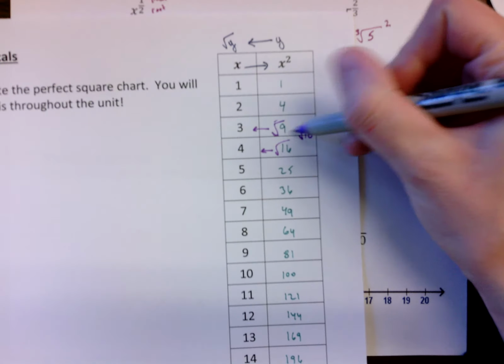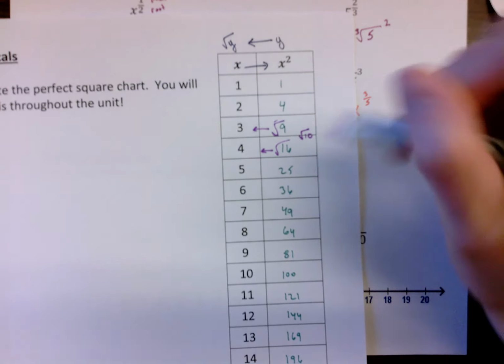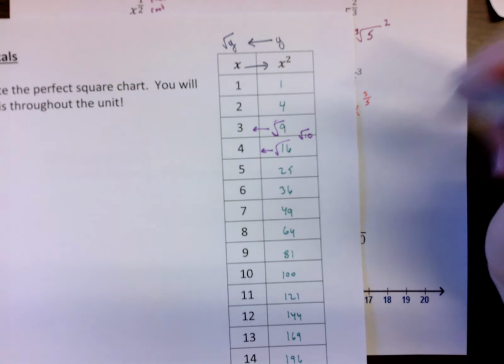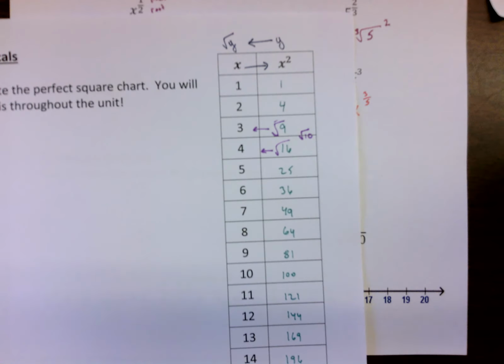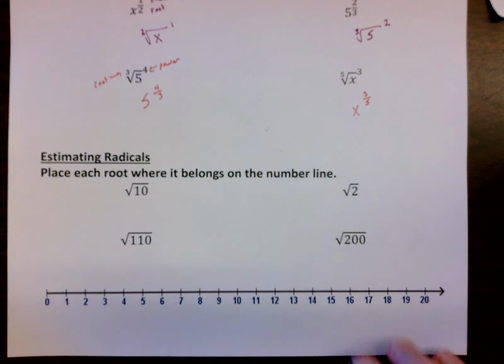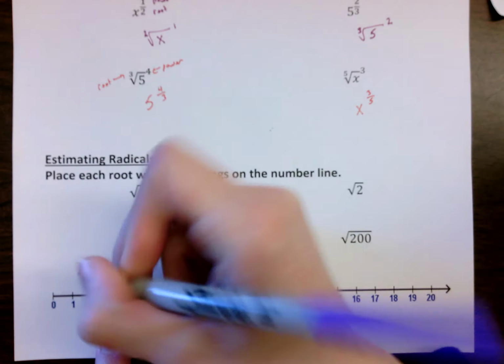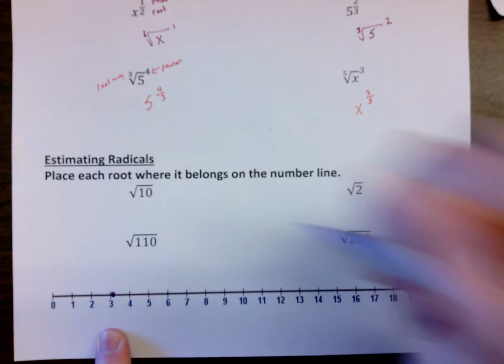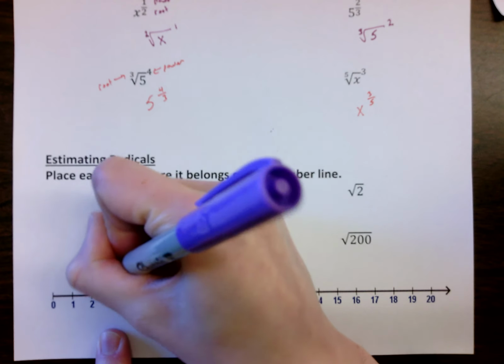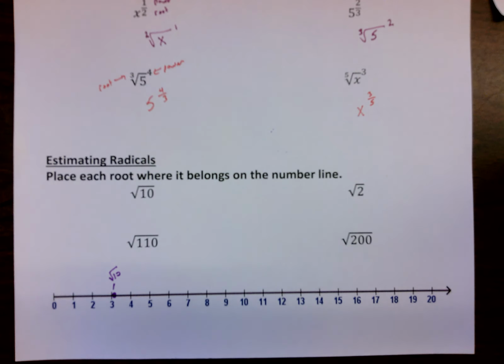And since 10 is a little closer to 9 than it is to 16, it's going to be a little closer to 3 than it is to 4. So on my number line, I'm going to put my point between 3 and 4, but a little bit closer to 3. And that's where the square root of 10 goes.